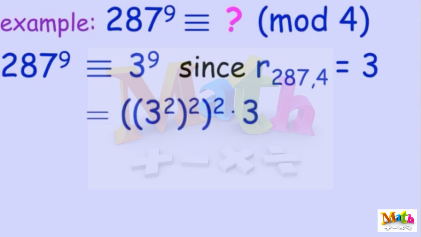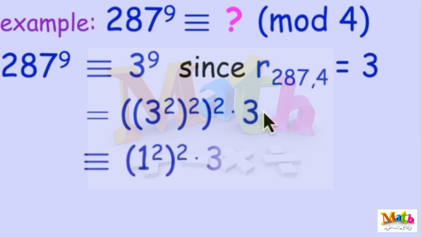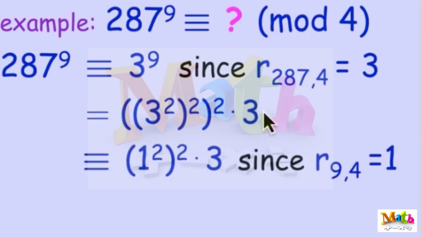Well, we can make more progress because 3 to the 9th can be expressed as 3 squared squared squared times 3, right? Because when you iterate taking powers, it means that the exponents multiply. So this is 3 to the 2 times 2 times 2, or 8, times 3, which adds 1 to the exponent, or 9. That's simple exponent arithmetic. But notice that 3 squared is 9, and 9 is congruent to 1 mod 4.